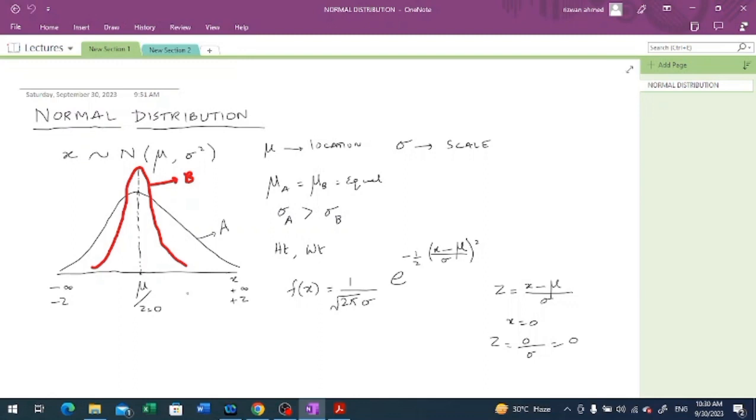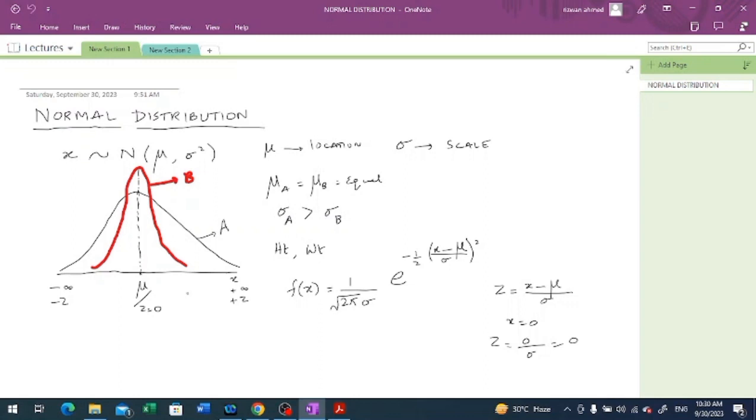Normal distribution has a continuous random variable. So height and weight are both variables that are continuous in nature. And why are we referring to these two variables, height and weight, as following a normal random variable?